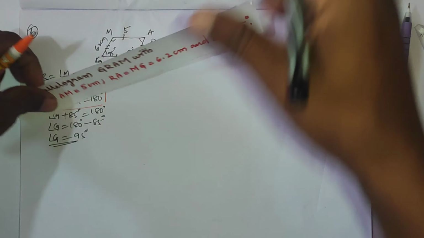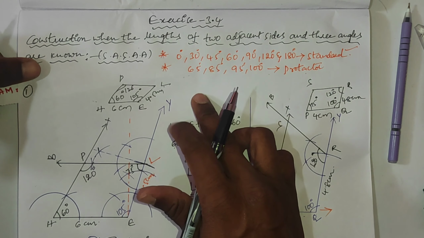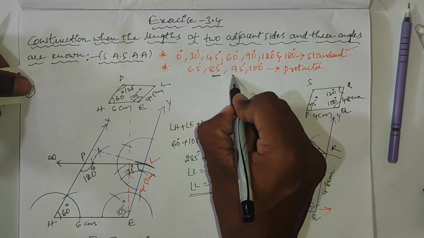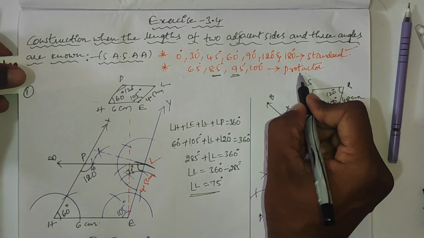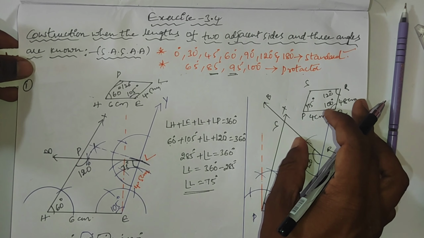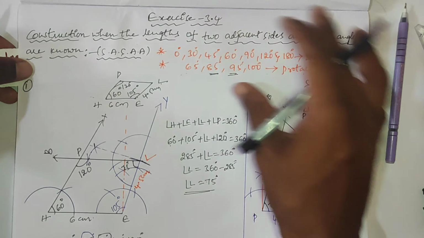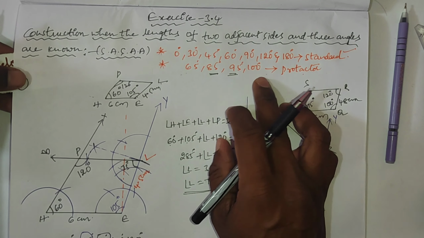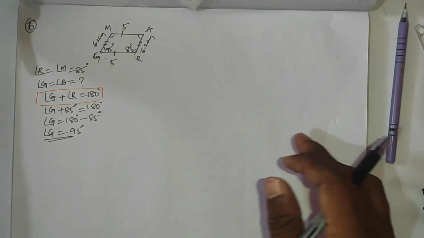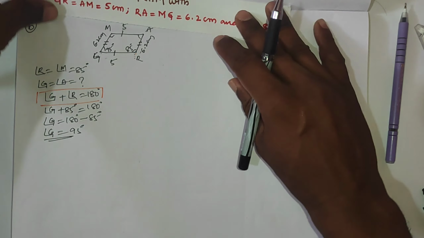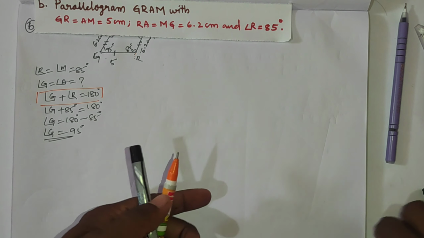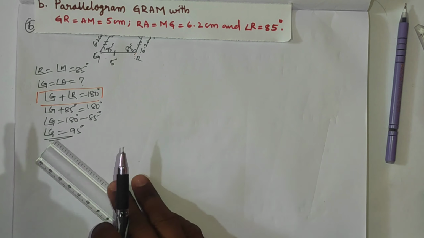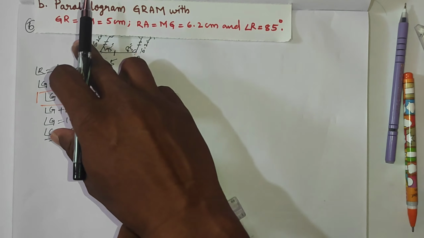Now if you observe, we have 85 degrees and 95 degrees, so we have to construct with a protractor. Even we can construct with a compass, but it will take much time, so to avoid that, we are using a protractor. We'll start here. First taking the base, what is GR?